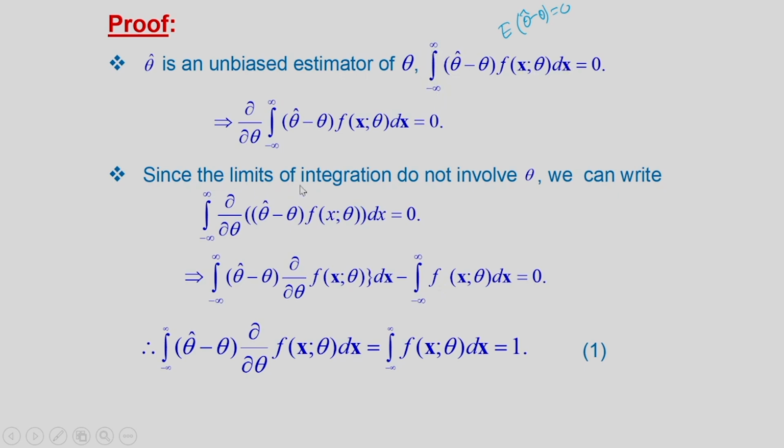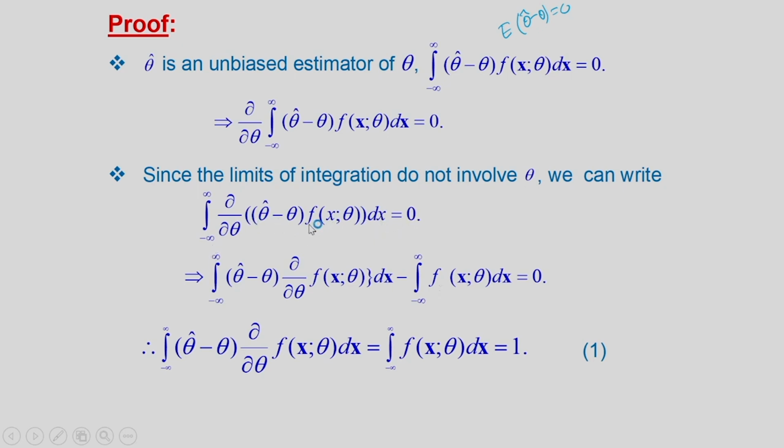Now, since the limits of integration do not involve theta, we can take this partial derivative inside. Here it was outside the integration, now we can take it inside: del del theta of (theta hat minus theta) times f of x theta dx must be equal to 0. This x is a vector here.